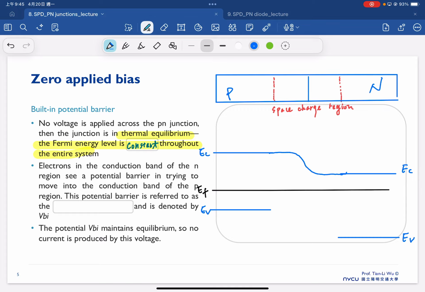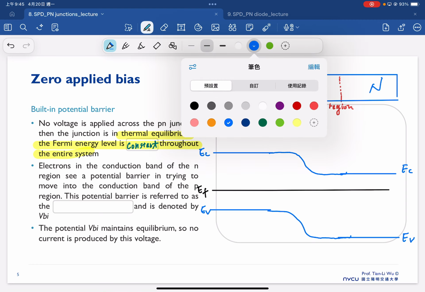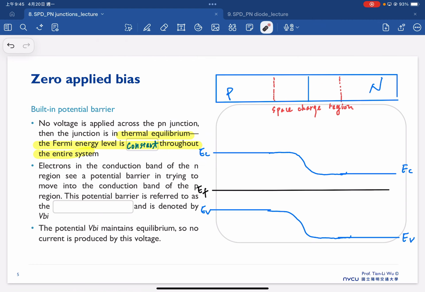And also the valence band will probably be like this in the space charge region. So electrons in the conduction band of the N region will see a potential barrier.